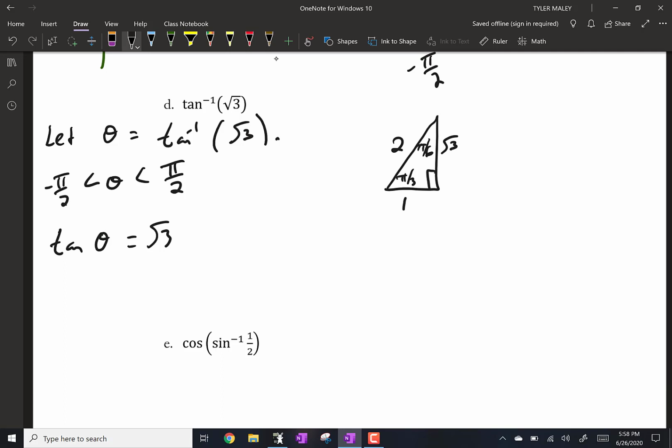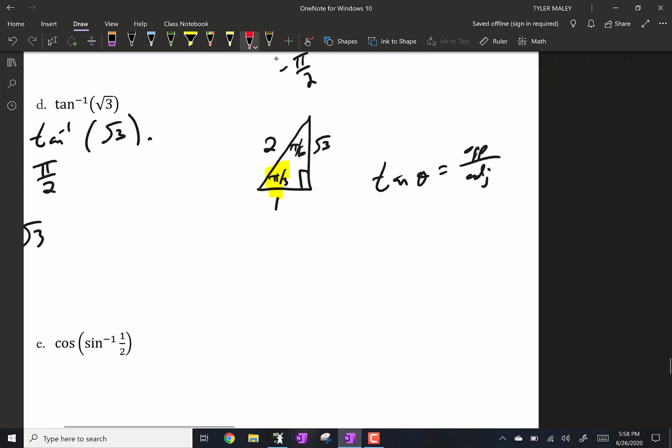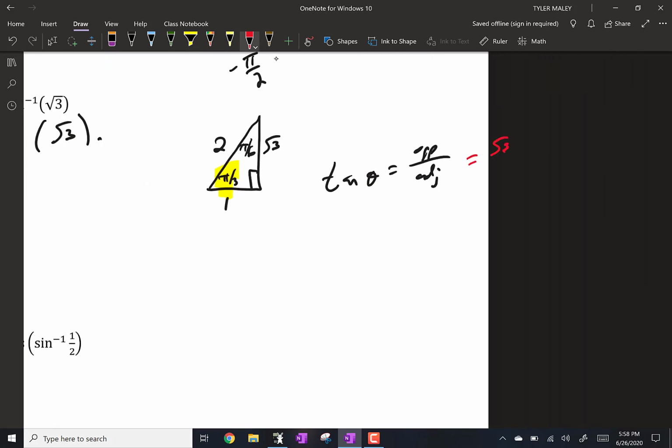Then, remember tangent of theta is equal to the opposite over the adjacent. So if I let theta be π/3, whoops, I meant to grab the highlighter again, sorry about that. If I focus in on π/3, then this would become radical 3 over 1, which is just radical 3, which is what we're after.